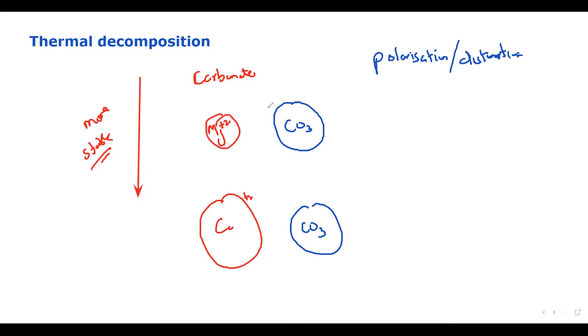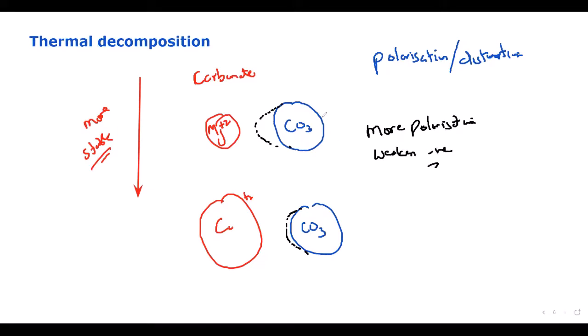Because magnesium is smaller in size, it causes more distortion to the carbonate ion as compared to calcium. And what is the effect of this distortion? If there is greater distortion or more polarization, it will weaken the bond, weaken the negative ion.